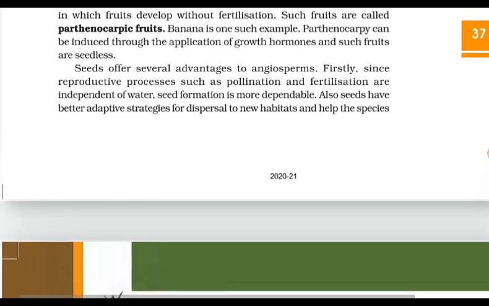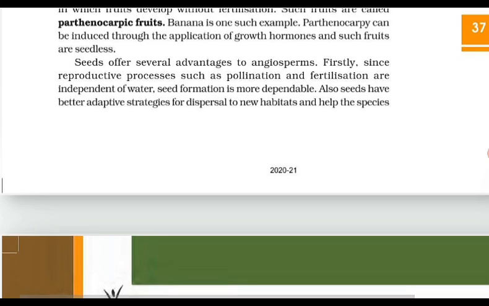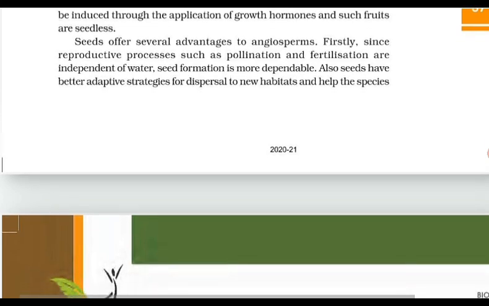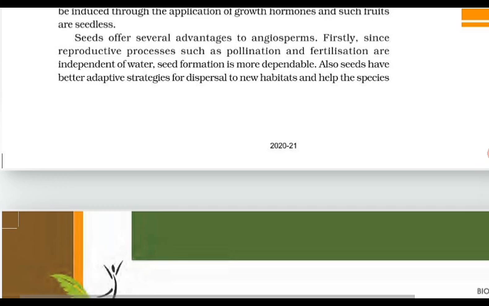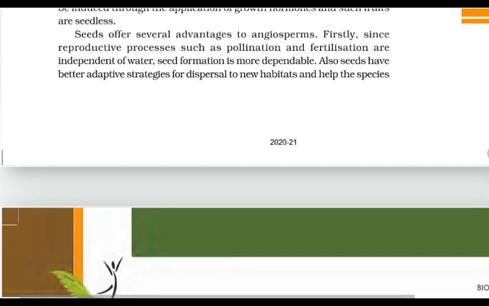Albuminous के examples हैं BMWC. B से barley, M से maize, W से wheat, C से custard. क्लियर? माइंड में सेट. Occasionally in some seeds such as black pepper and beet, remnants of nucellus are also persistent.